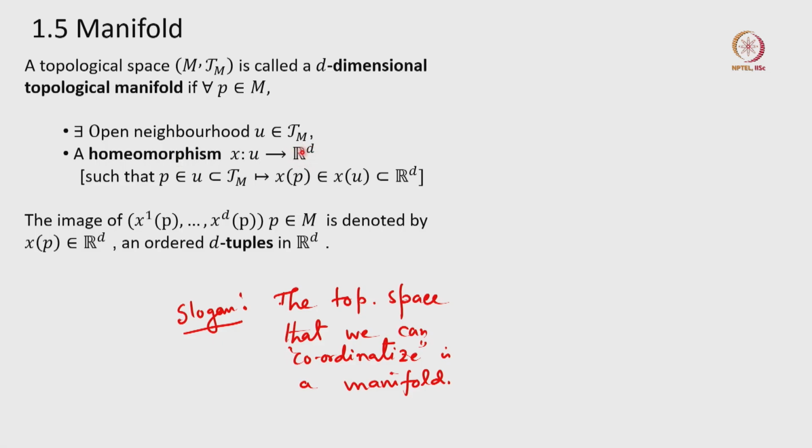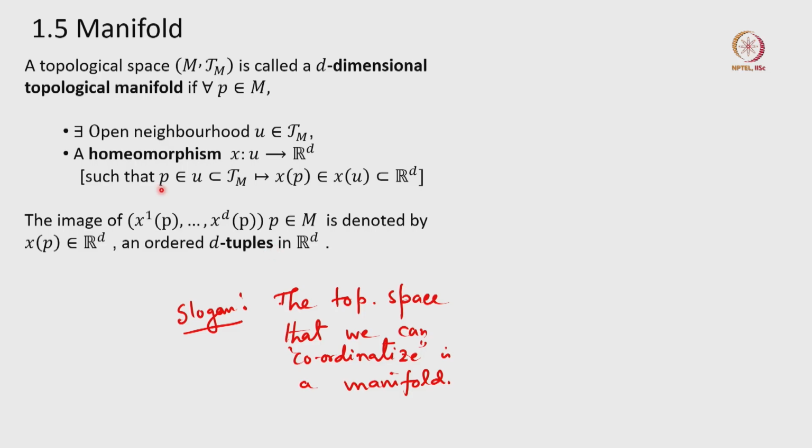R^d is a trivial one, but here we are doing it locally. So, even if you have a non-trivial curved manifold, at least locally we should be able to define d number of variables, which we will call tuples.